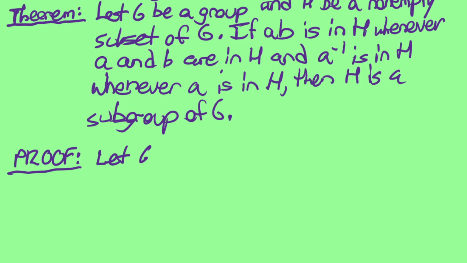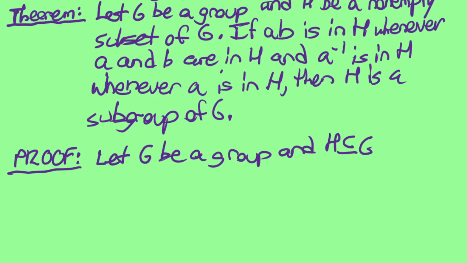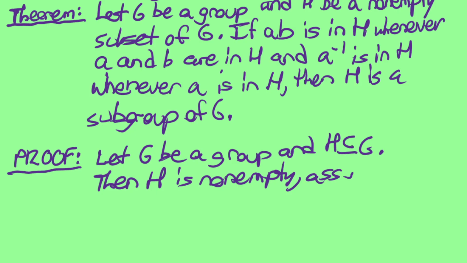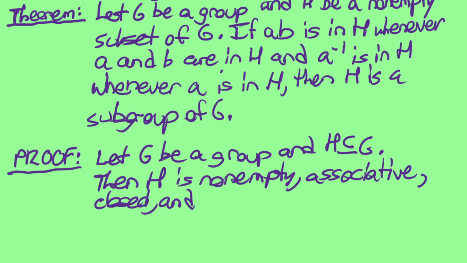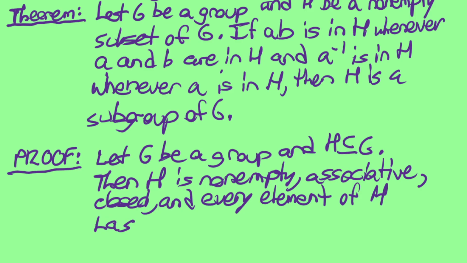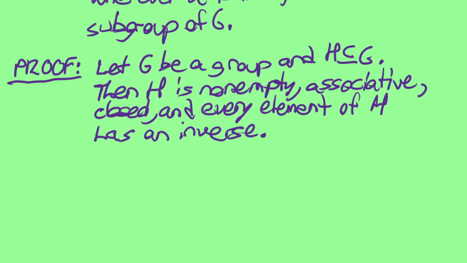So let's let G be a group and H be a subset of G. So then H is non-empty, associative, closed, and every element of H has an inverse.